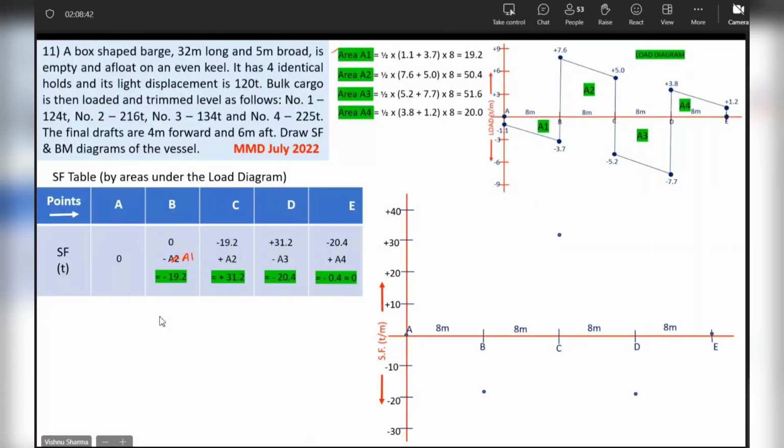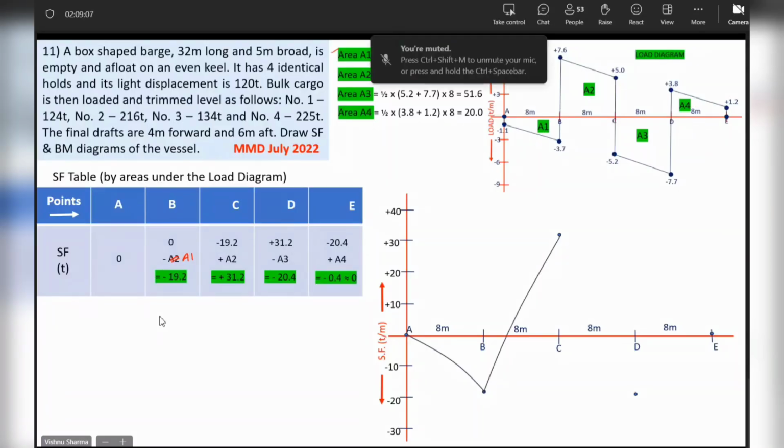So I join using the concept. It's a curve. It's not a straight line. Because I'm going from the smaller to the bigger one, first the rate is less, then the rate is peaking as I reach B. Then from B, if I look at the trapezium A2 area, it is from the bigger to the smaller side. It will be greater first and then getting a little lesser at the end.